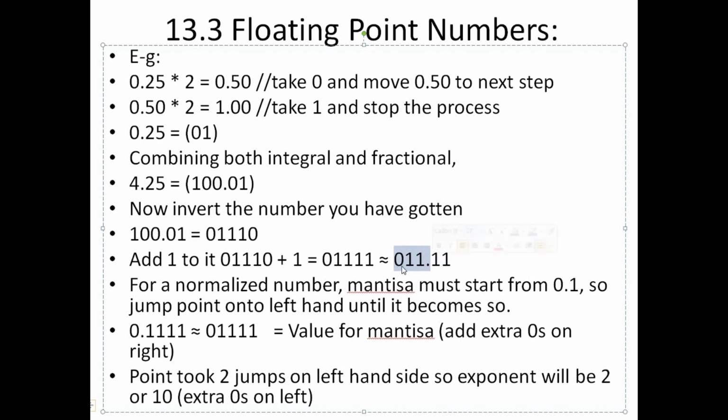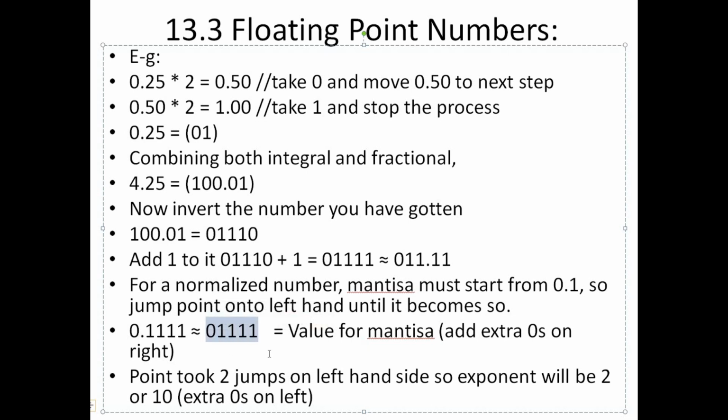Right now it is 011.1. This number is not starting from 0.1, so that means you will need to move this point 2 places onto the left hand side. So it becomes 0.1111 or 0111.